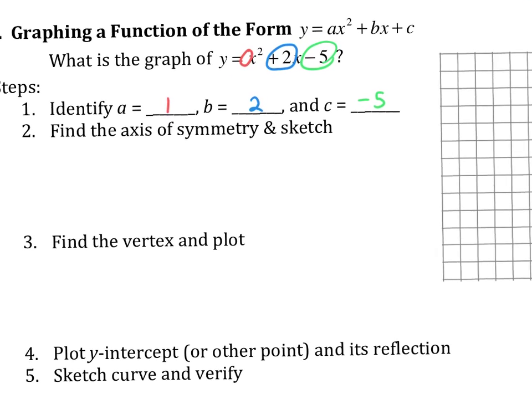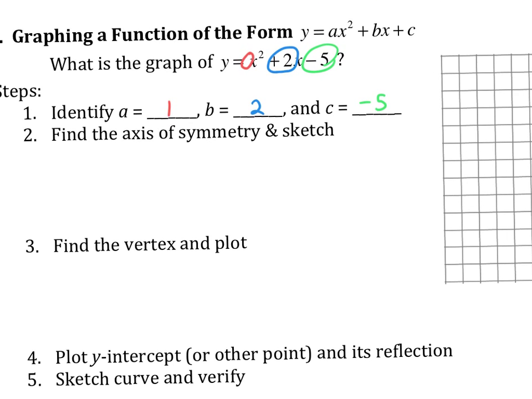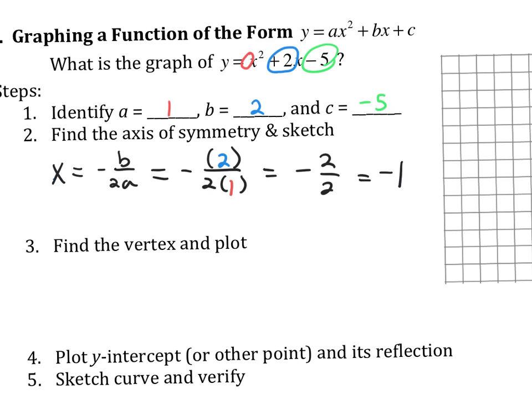To find the axis of symmetry, remember that we are going to take our formula x equals negative b over 2a. And I'm going to substitute in my b, which is 2. So that goes in the numerator, and a goes in the denominator like so. And I'm going to simplify here. Negative 2 over 2, negative 1.